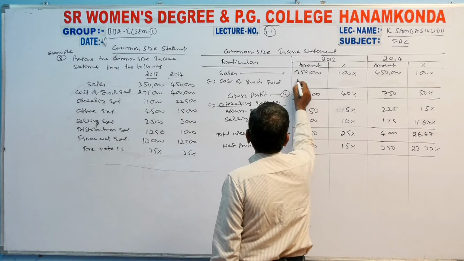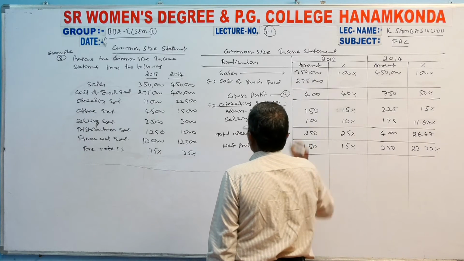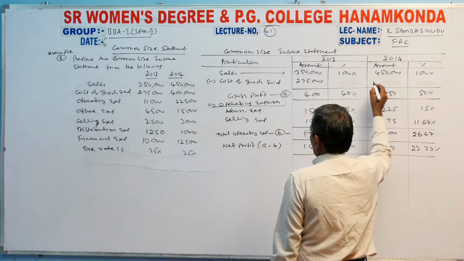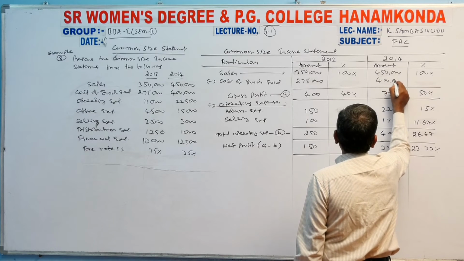Then cost of goods sold 2,75,000 and 4 lakhs.